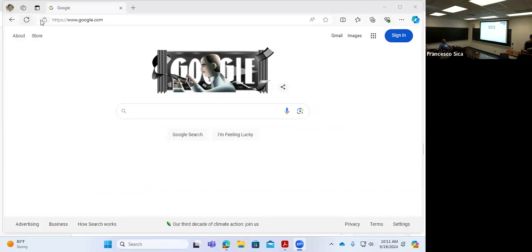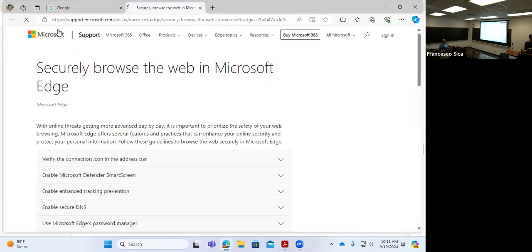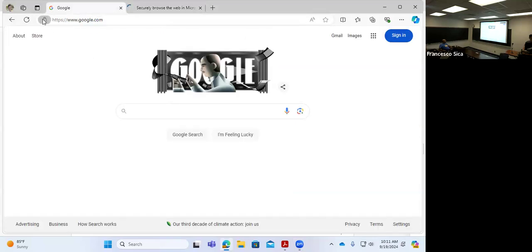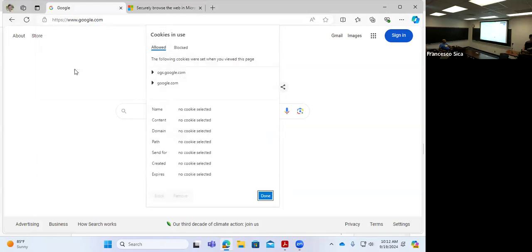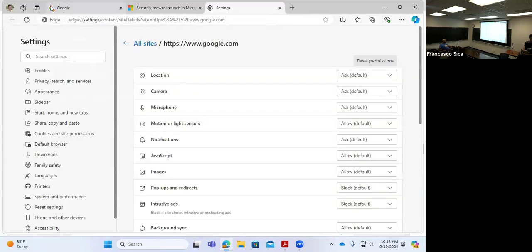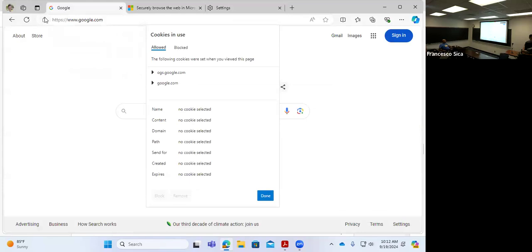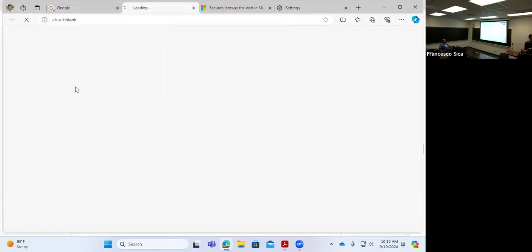So basically, if you open a browser, let's say I go onto Google, if you click this thing, and then maybe here. Actually, maybe it's this cookie data. No, this is cookies. Permission for this site. Usually I know how to do this, but I just couldn't find it here anymore.